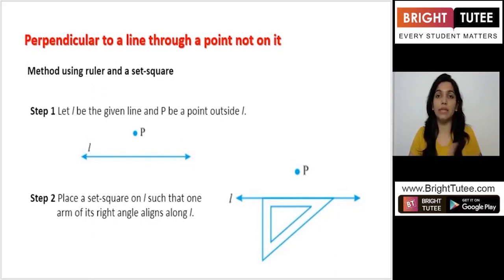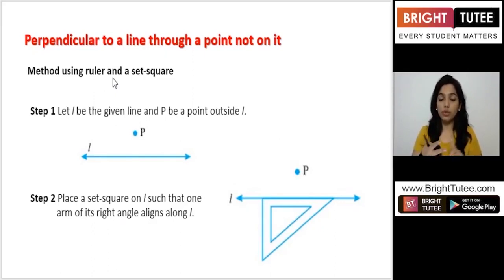It can be anywhere but not on the line. Clear? So the first method we learn is to use the ruler and the set square. We just learned earlier how we draw the perpendicular to a line when we have a point on the line. Now we are learning when we have the point not on it.